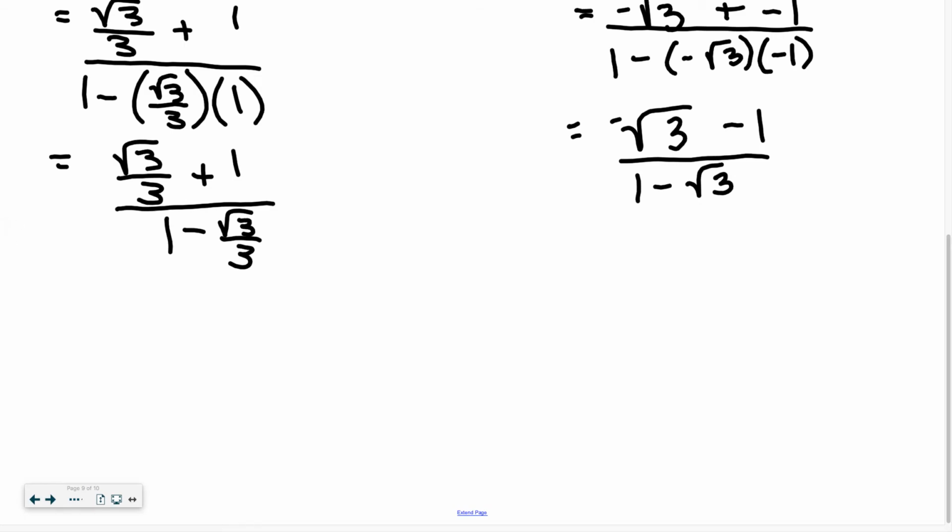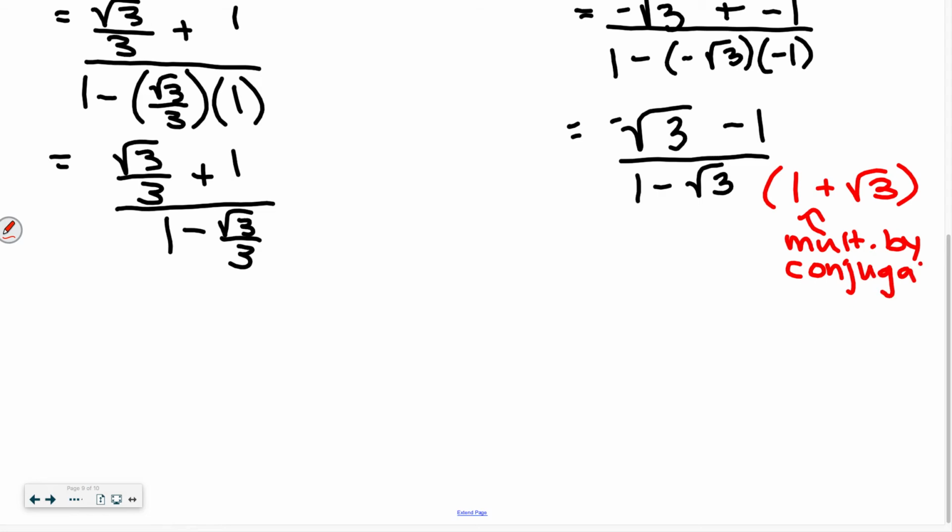When you have 2 terms that are being added or subtracted, this harkens back to complex numbers when you had i's in the denominator, you use the conjugate. So if we want to get rid of 1 minus square root 3, we're going to multiply by the conjugate 1 plus square root 3. And we have to do that on the top and the bottom.